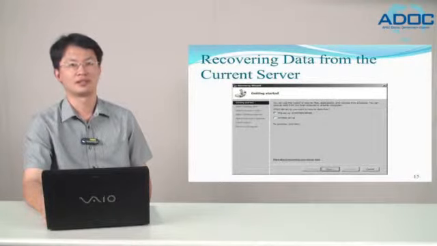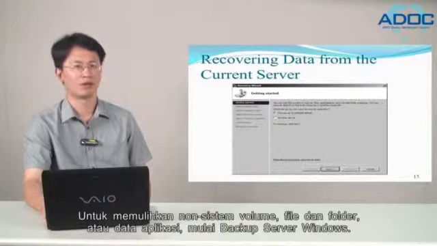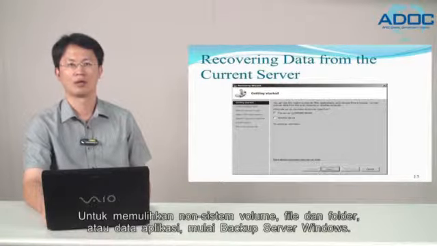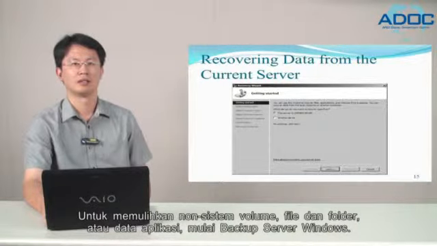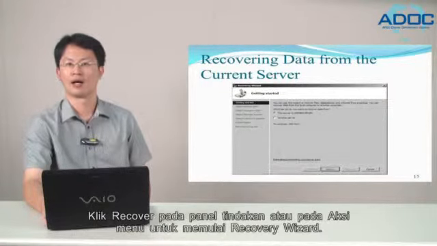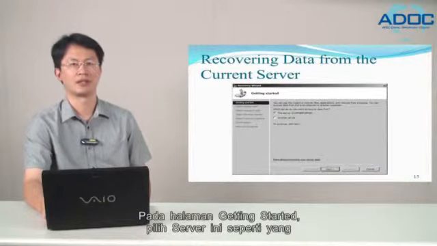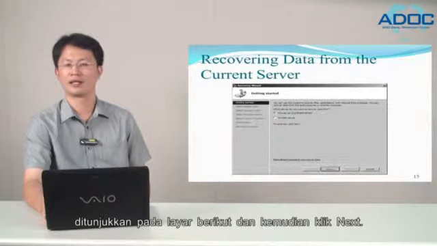To recover non-system volumes, files and folders, or application data, start Windows Server Backup. Click Recover in the Actions pane or on the Action menu to start the Recovery wizard. On the Getting Started page, select This server, as shown in the following screens, and then click Next.